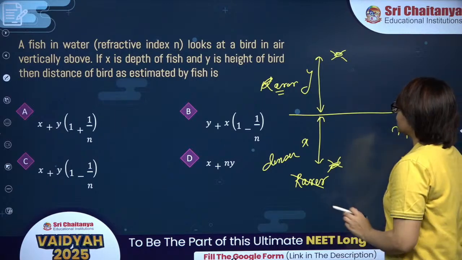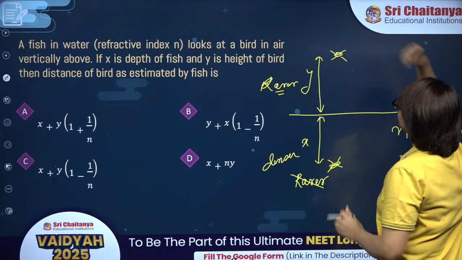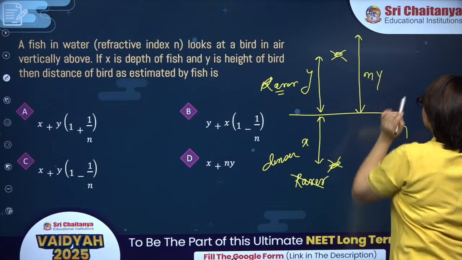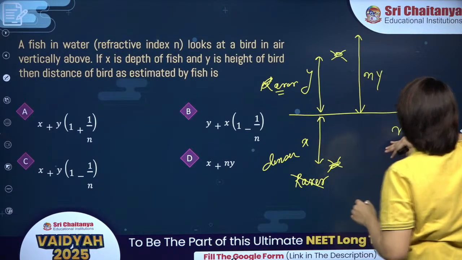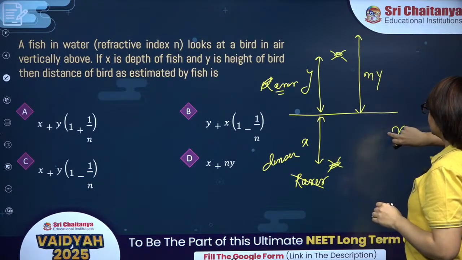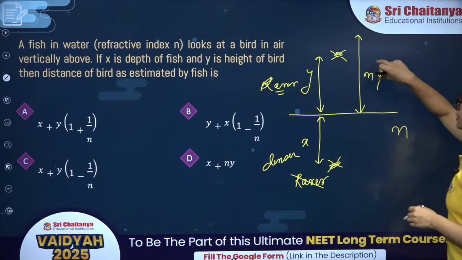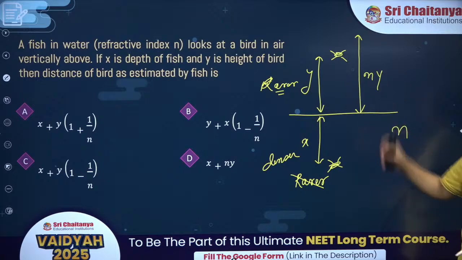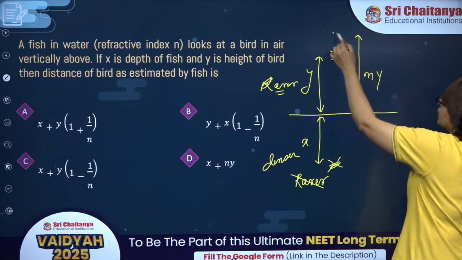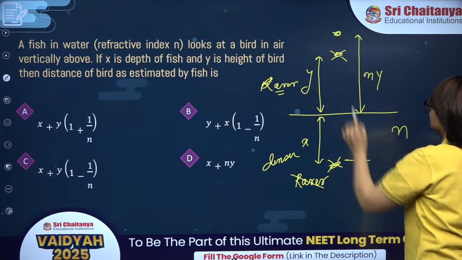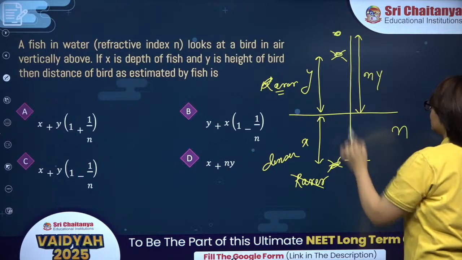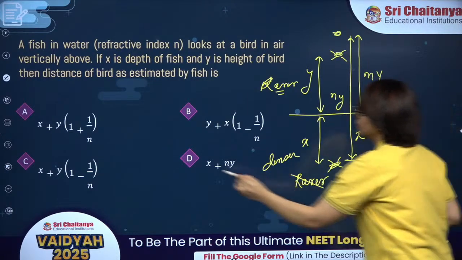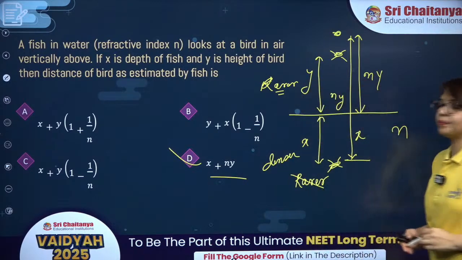So the object will appear slightly above its actual position and the apparent height will be n times y, the refractive index of the denser divided by the refractive index of the rarer medium, times y. y is the actual height. So the distance of the bird estimated by the fish will be x plus ny, which is option D.